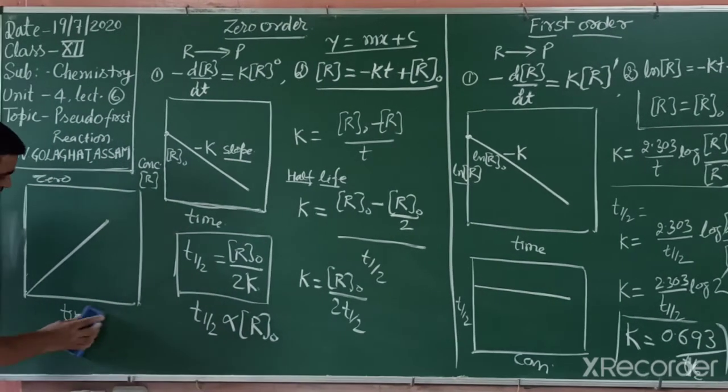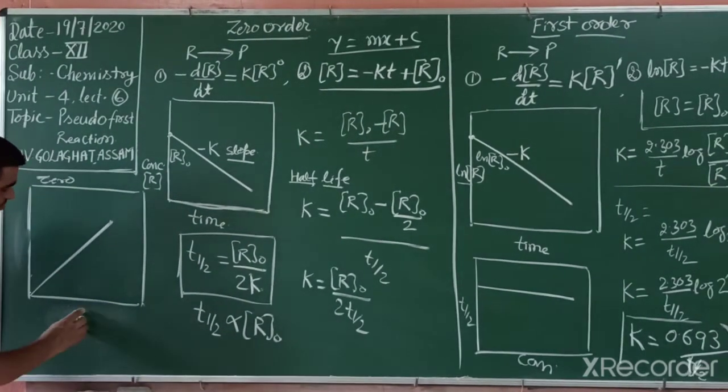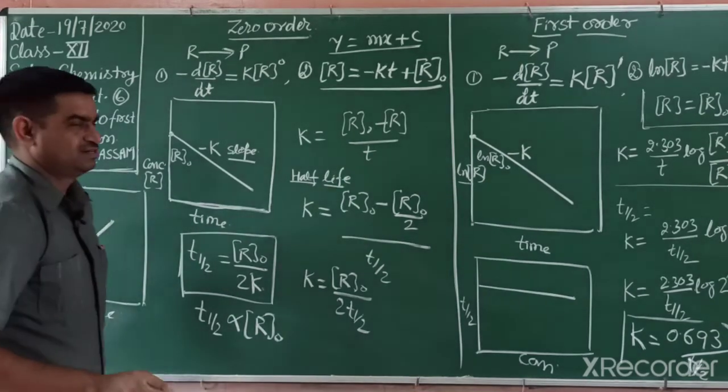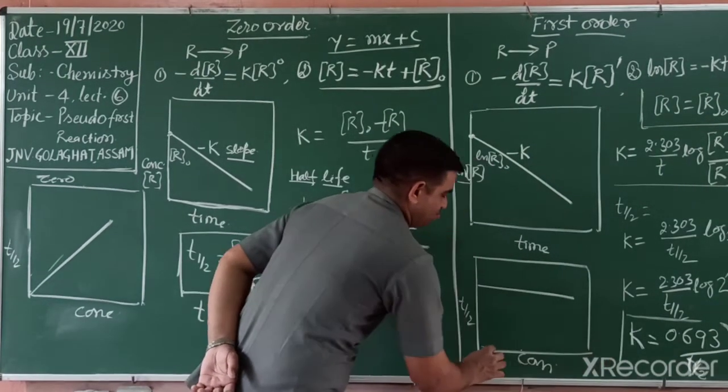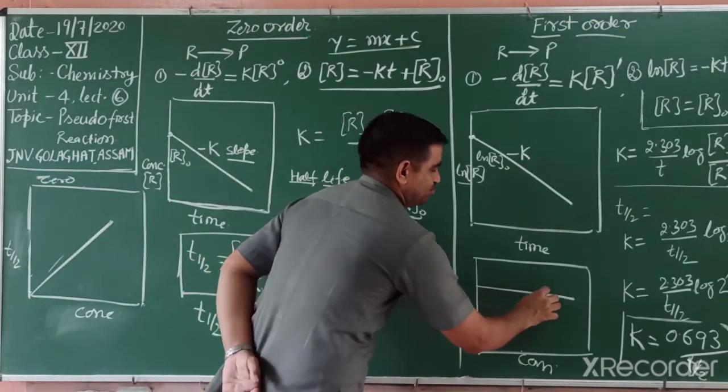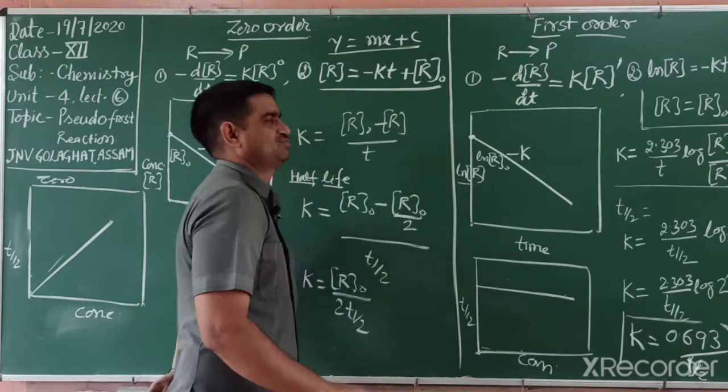When concentration increases, half-life increases for zero order. But for first order, when concentration increases, there is no effect, and half-life always remains constant.